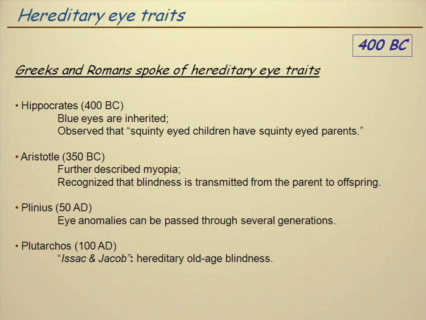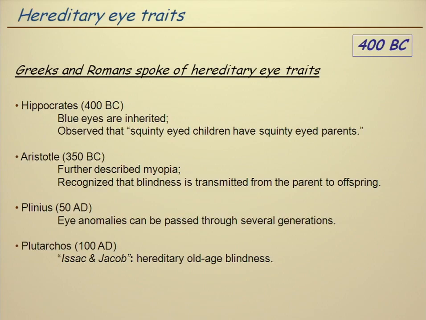Speaking in Greek, so I'm translating, squinty-eyed children have squinty-eyed parents. When a nearsighted person squints through narrowed eyelids, you perceive a little bit better.